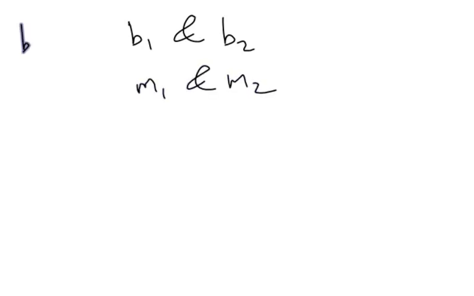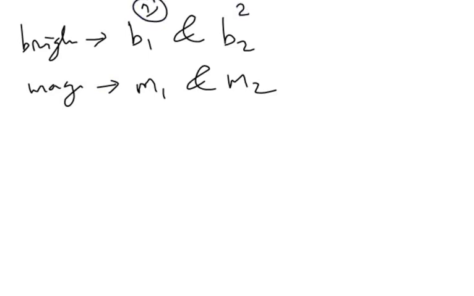Let us make a mathematical relationship out of it. Suppose two stars have brightness B1 and B2, and their corresponding magnitudes are M1 and M2. So this is brightness and this is magnitudes for the two stars, 1 and 2.